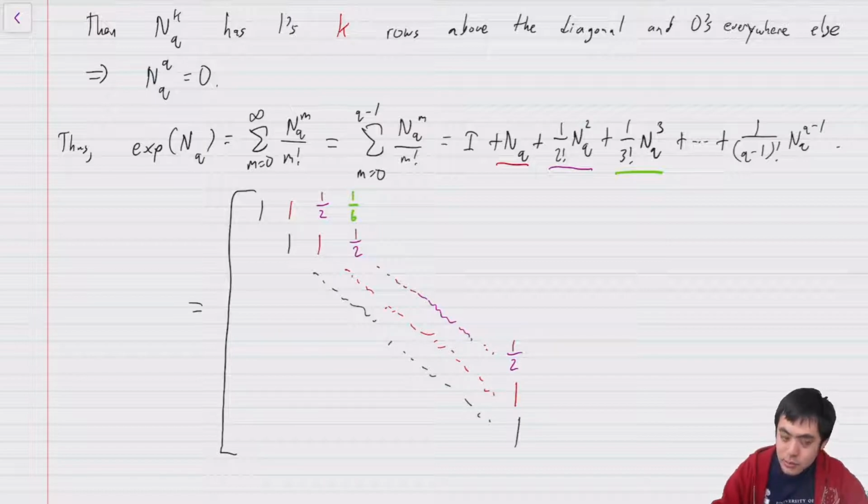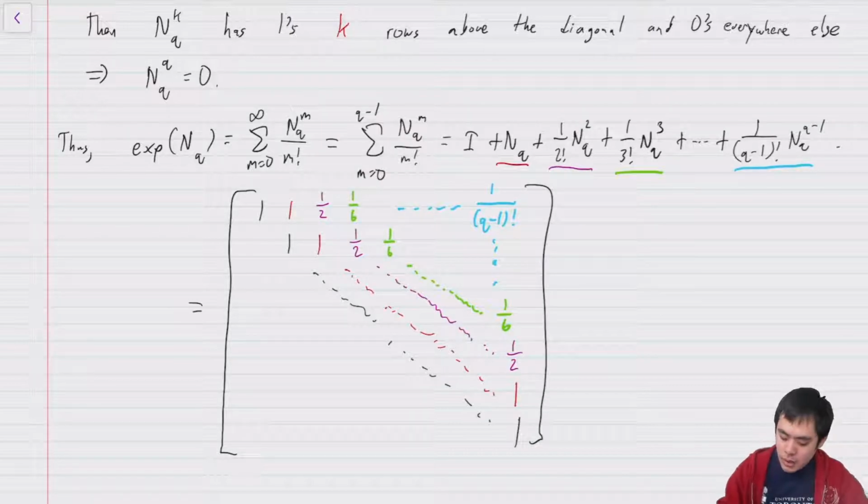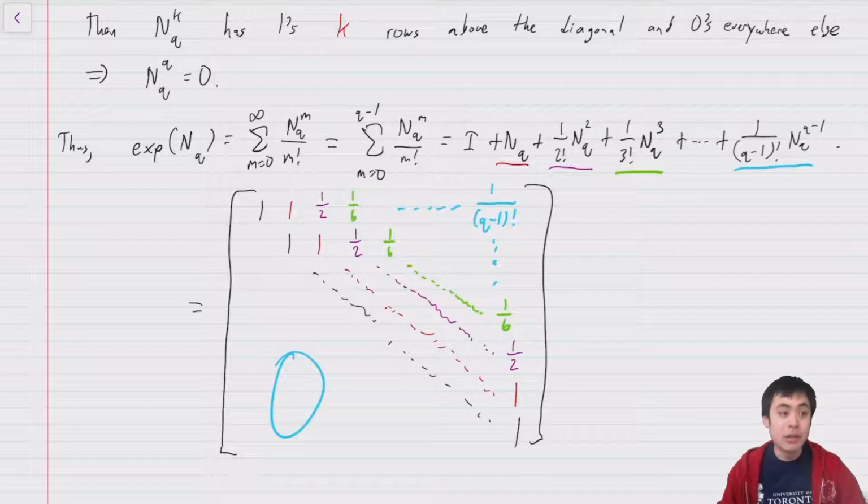So 1, 6, 1, 6, and so on. And of course, our last term here is just going to be 1 over q minus 1 factorial. And you're going to have zeros everywhere else.